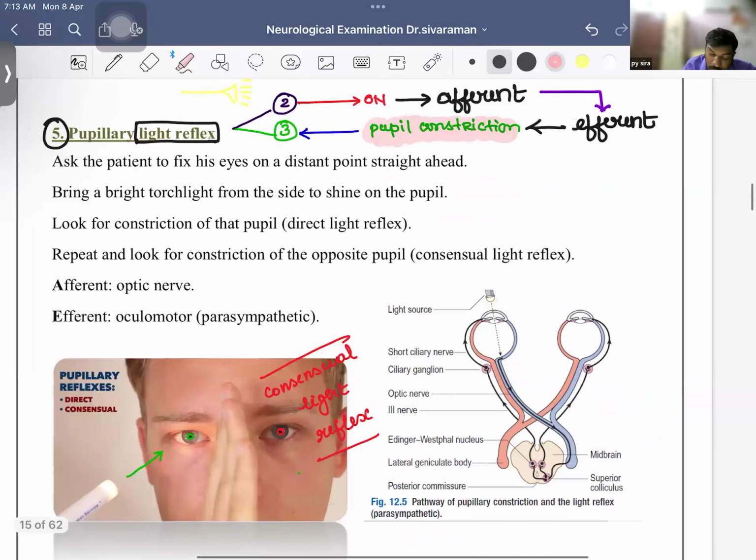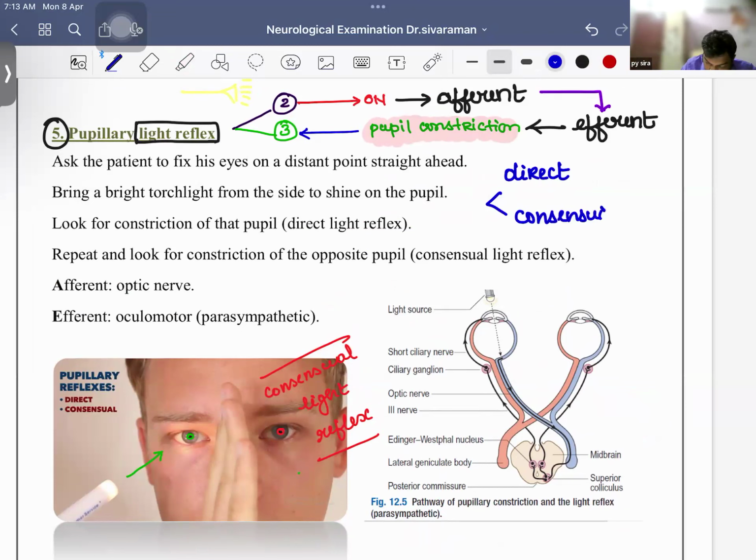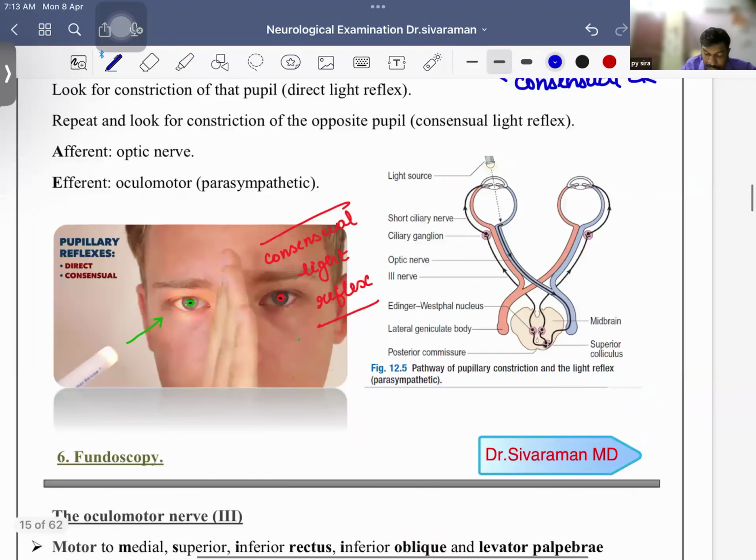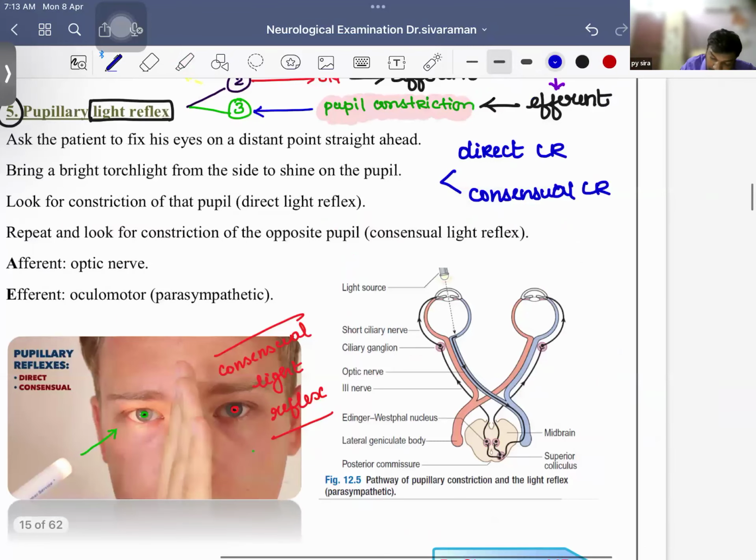Whenever you do this, you have two types of reflexes: one is the direct light reflex, and the other is the indirect or consensual light reflex. In this case, the direct light reflex is absent and the consensual light reflex is absent because of the innervation.